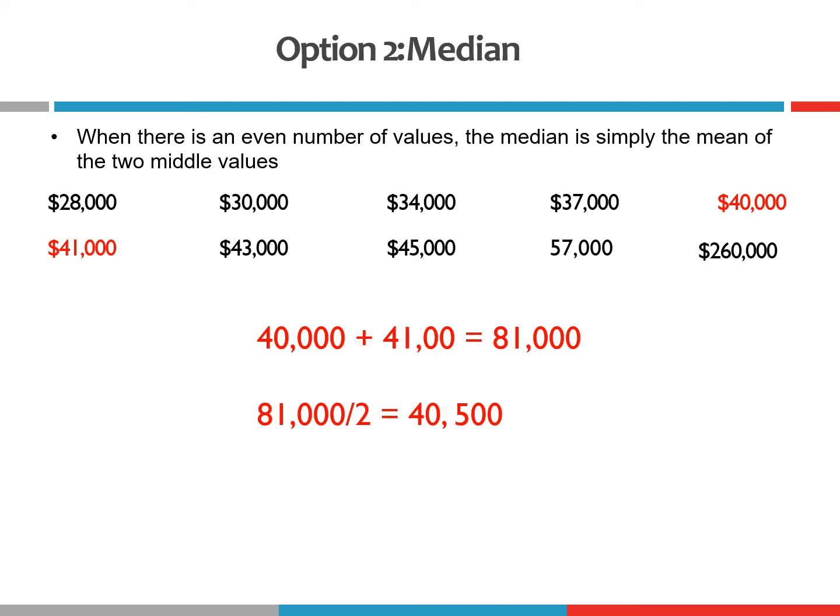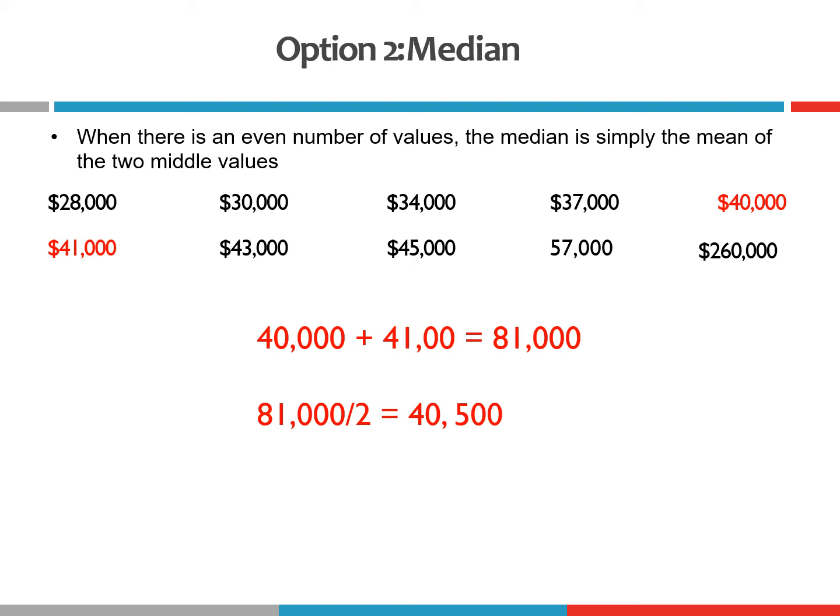But what do you do when you have an even number of values? Well, in that case, you do the same thing, but you simply take the mean of the two middle values. So here we have 40,000 and 41,000. And below the 40,000, there are 1, 2, 3, 4 scores.